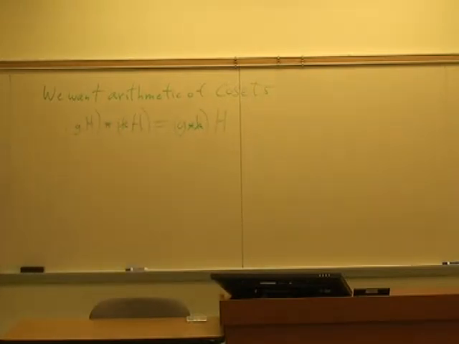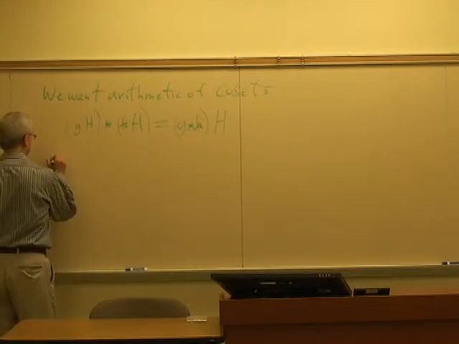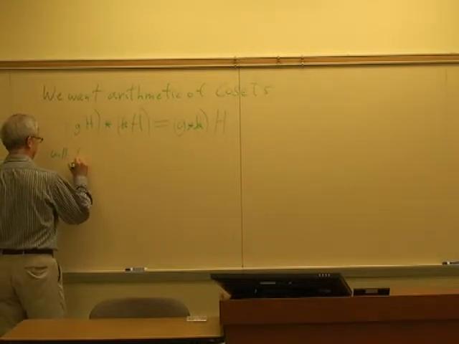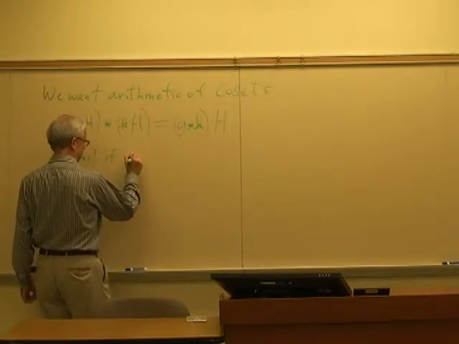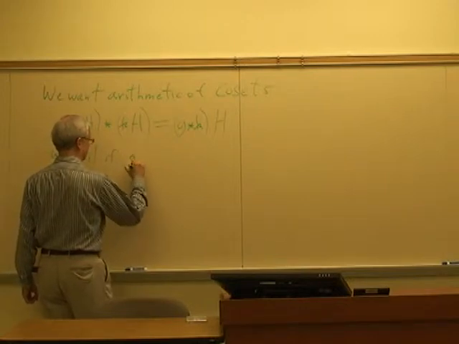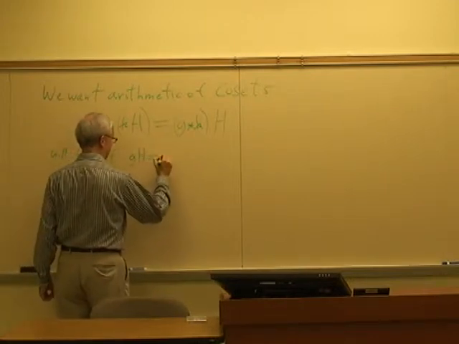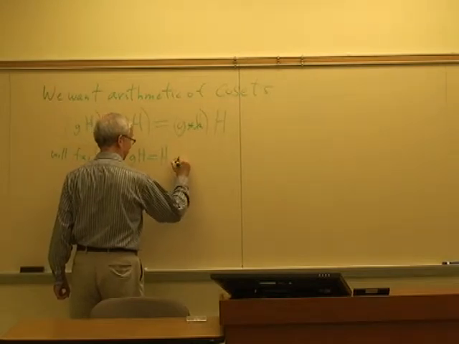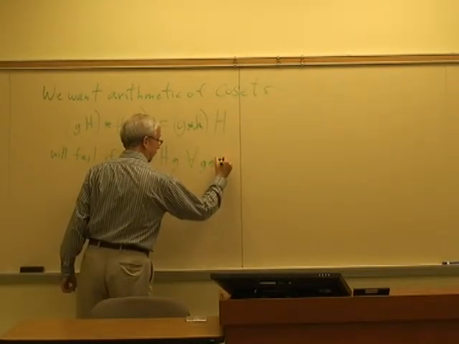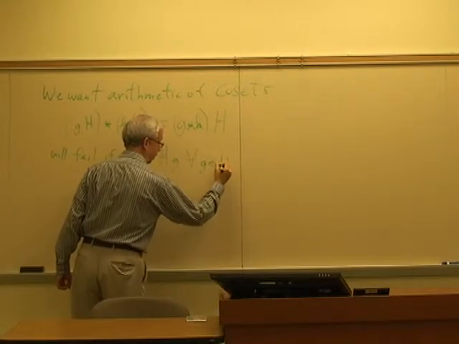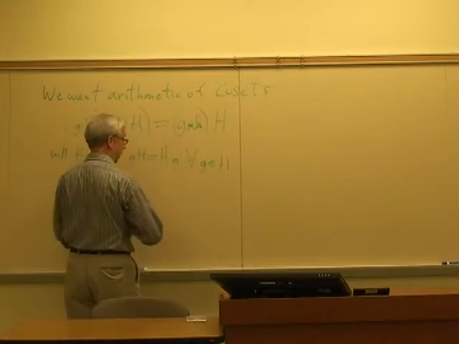But it turns out this definition of how to do arithmetic of cosets will fail if the left and right cosets are not the same thing.